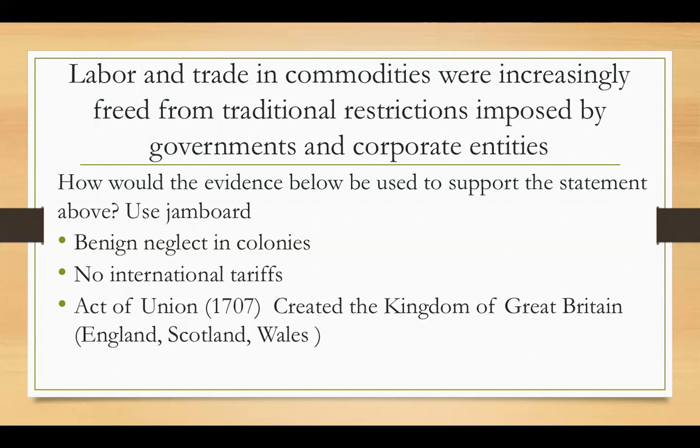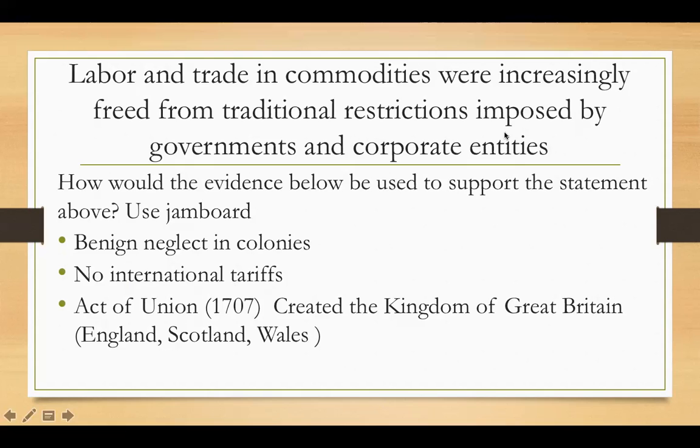The official act where the Kingdom of Great Britain is created. So England, Scotland, and Wales are now underneath the Kingdom of Great Britain, which is the Act of Union in 1707. So how would these 3 help create or prove or support this idea that labor and trade in commodities were increasingly freed?